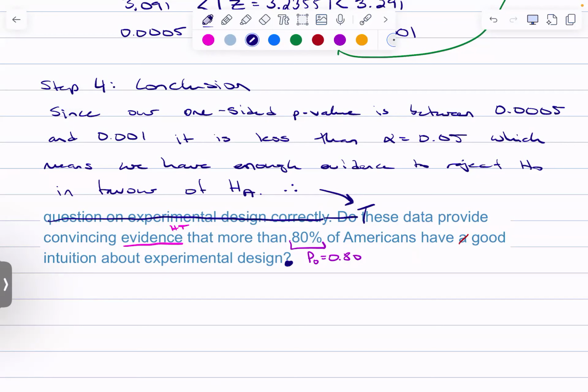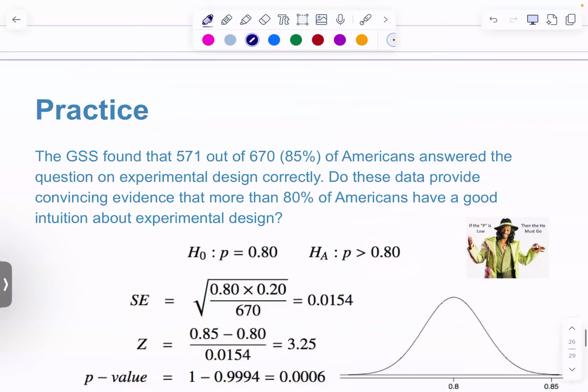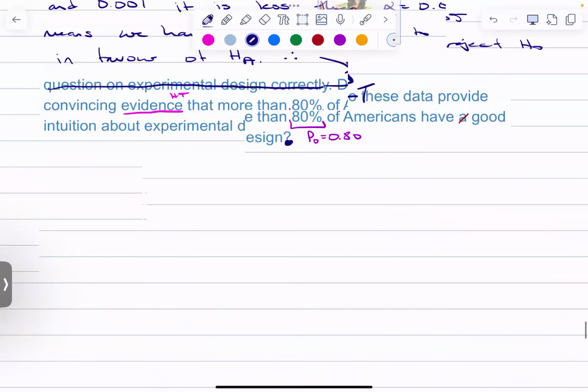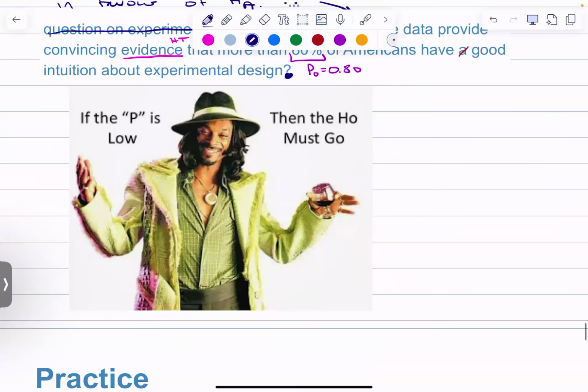And then you did it, but also time for my favorite. How do you know what conclusion? If the p-value is small enough, you have enough evidence to reject H naught. The p is low, then the null hypothesis must go.